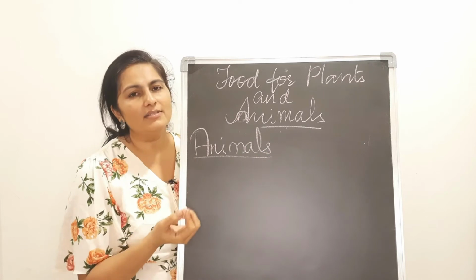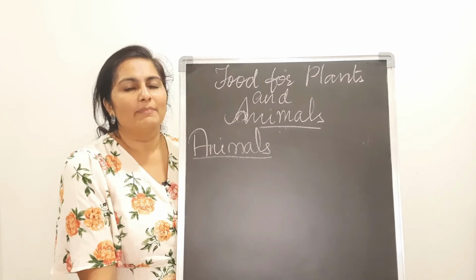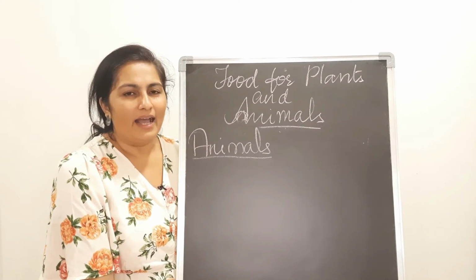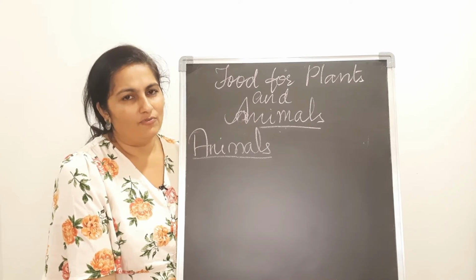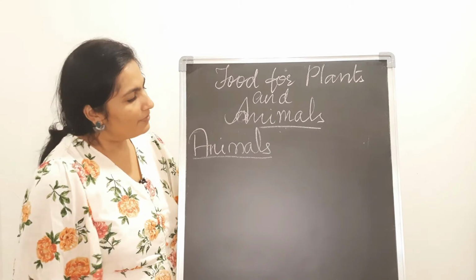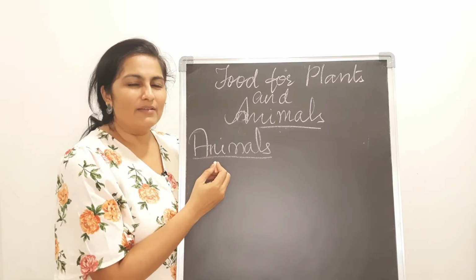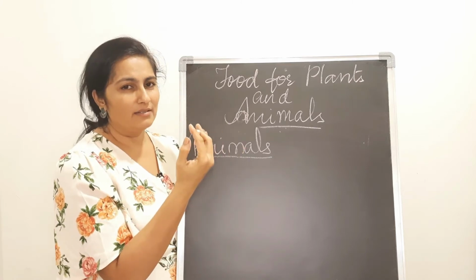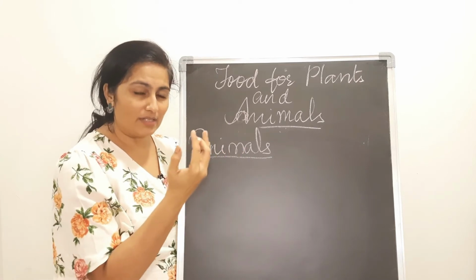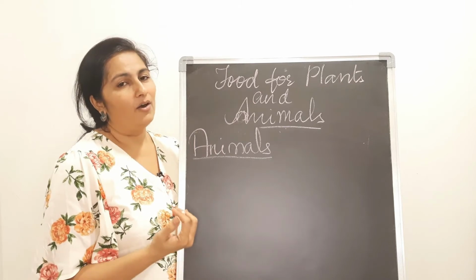Animals, of course, depend on plants and other smaller animals to fulfill their need for food. As we learned, animals are classified into herbivores, carnivores, and omnivores.